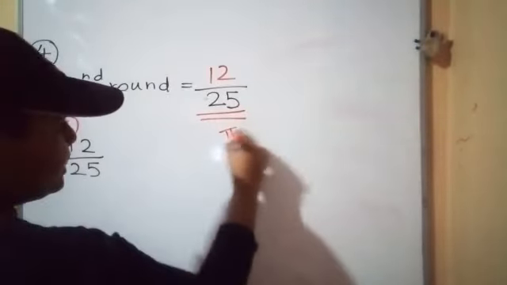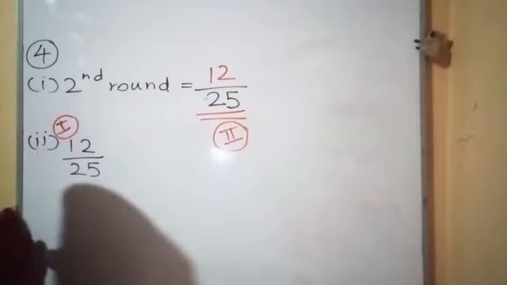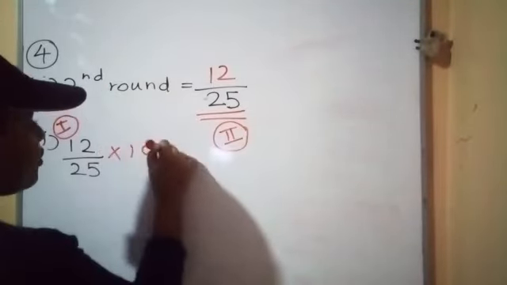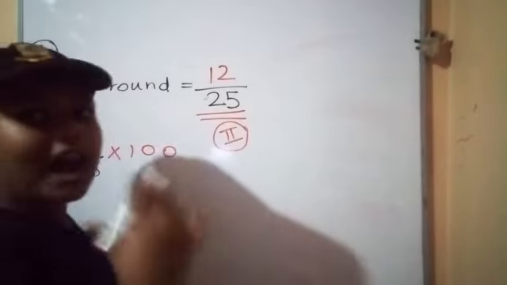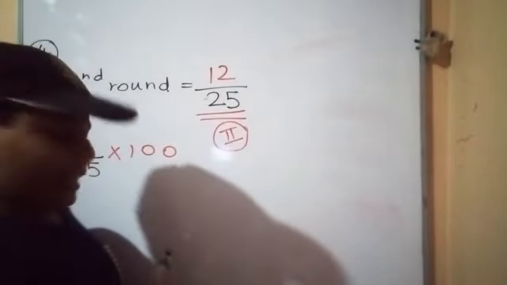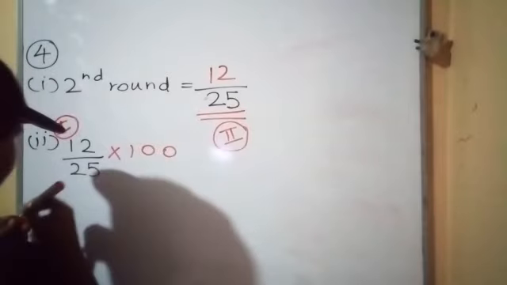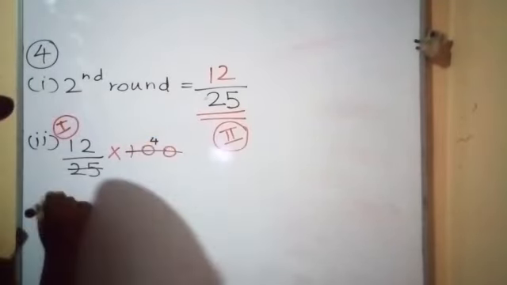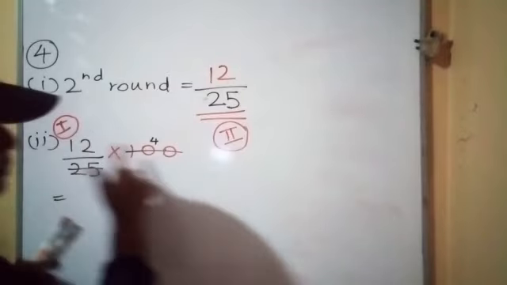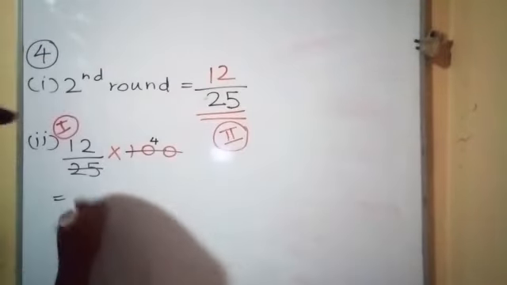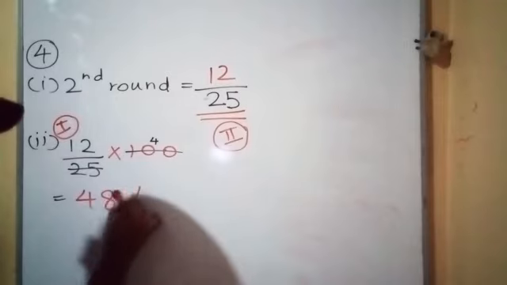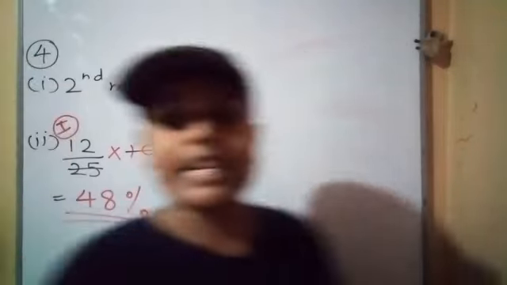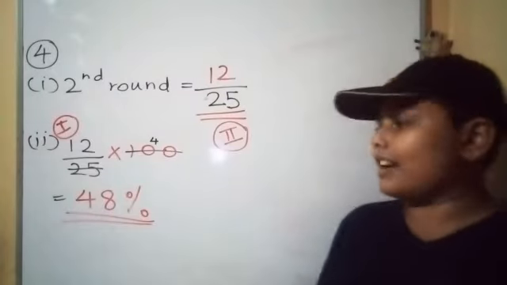Multiply the fraction by 100. This and this, there remain 4. So 12 multiplied by 4 is 48. That means only 48% of contestants qualified to the second round.